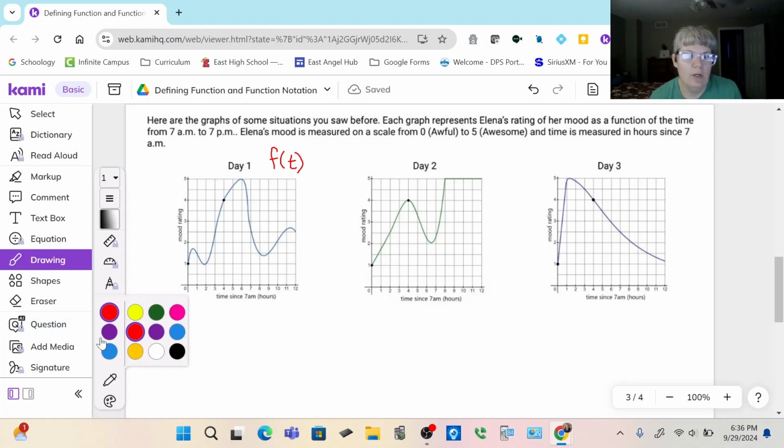Day 2, I'm going to call my g function. So this will be g of t. And day 3, I'm going to call my h function. So h of t. Now that I have named my functions, I can write some expressions to represent information given in these graphs using function notation.